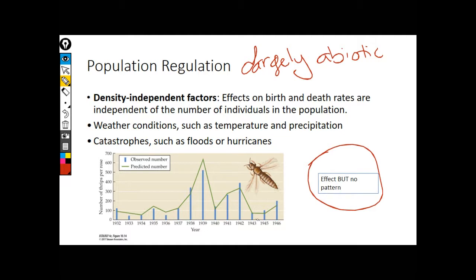It didn't matter if you were in a forest that was very densely packed, or in a very sporadically set garden with maybe 4 or 5 little bushes. Both of those systems, densely packed or not, felt that drought equally. So that's density independent. This is going to affect your population, but not based on your density.